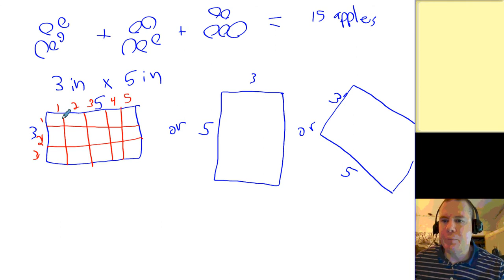I want to know how many of these squares are in this shape. Well, I've got 1, 2, 3, 4, 5 squares across there. Another 5 here. Another 5 here.